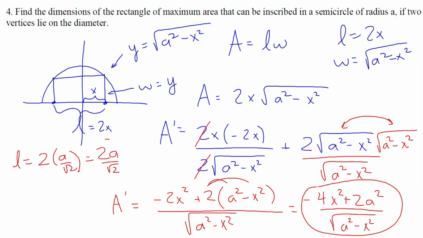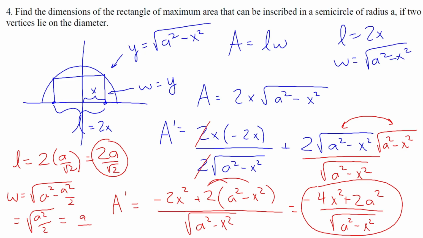And the height, or the y value, the width, we'll call it the width, is going to be the square root of a squared minus a squared over 2, which is just 1/2 of a squared inside the square root, which is, again, just a over root 2.